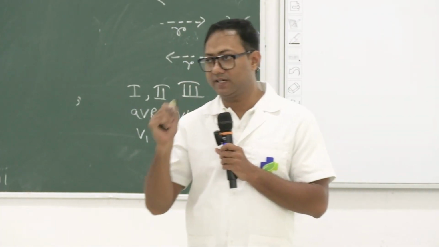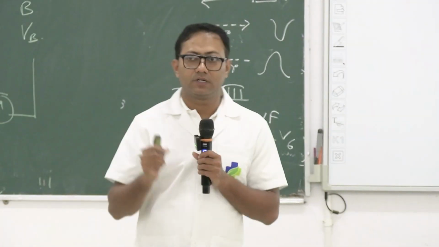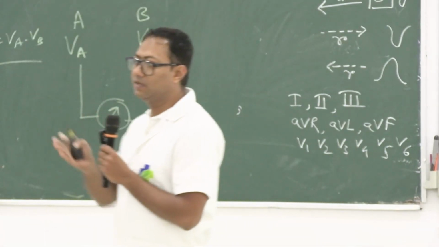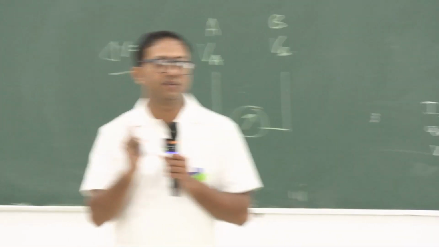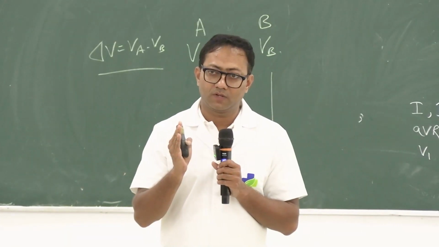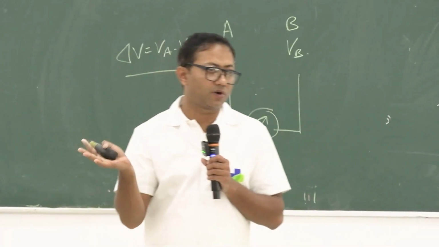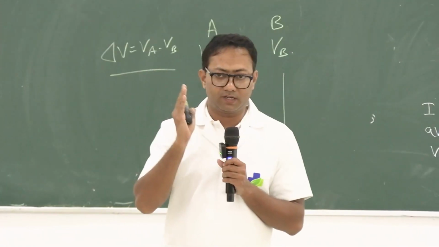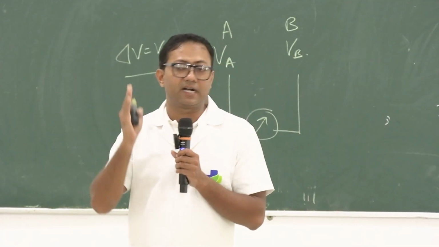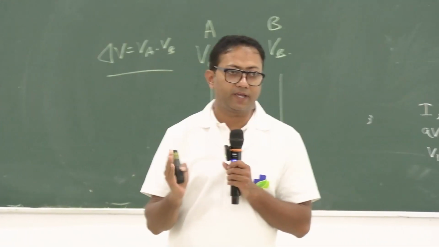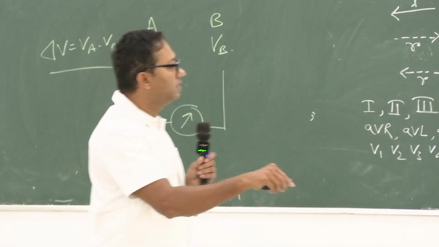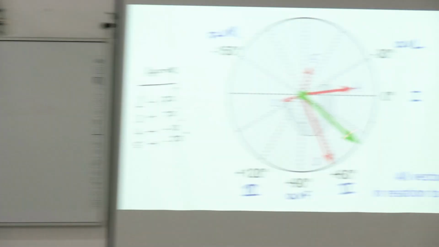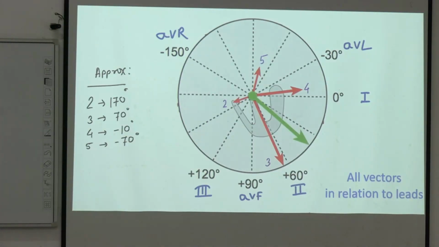Whenever you look at a patient's ECG, what do we have to see first? We have to see the heart rate, rate, rhythm, whether the wave is coming from SA node or not, sinus rhythm or not, and next, in the third point, what we have to see is the cardiac axis. Okay, and here you see the cardiac axis around 40 degree or somewhere like that, right?